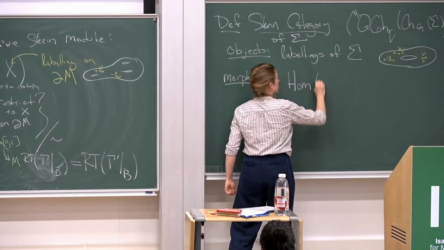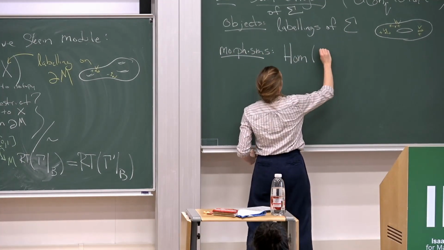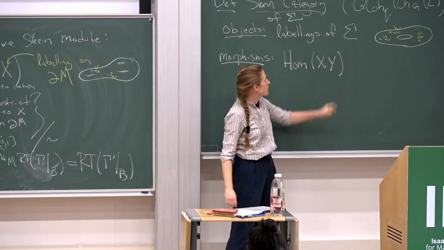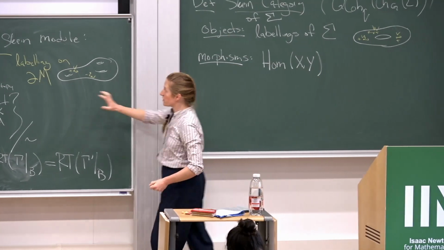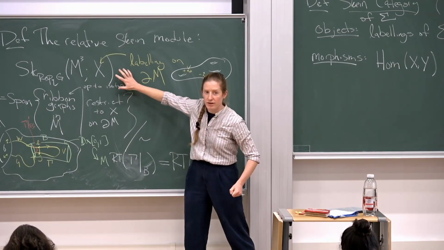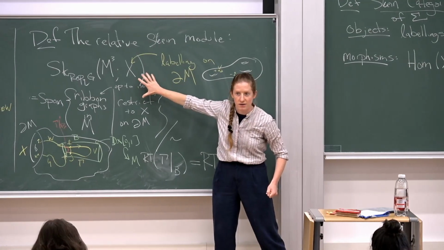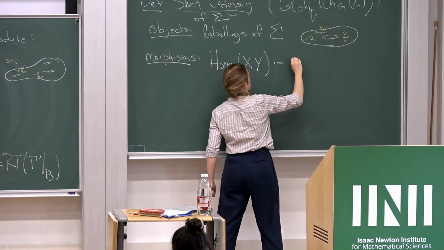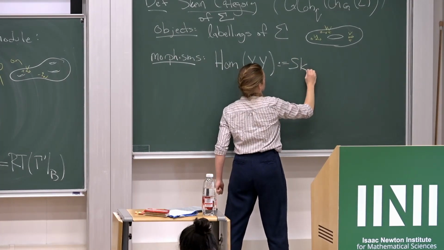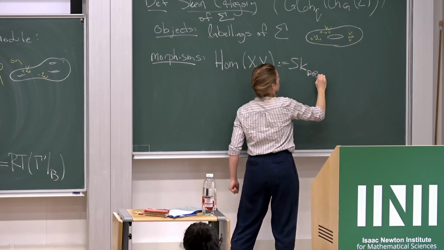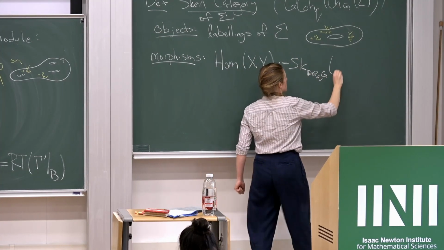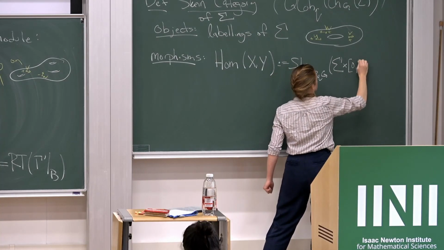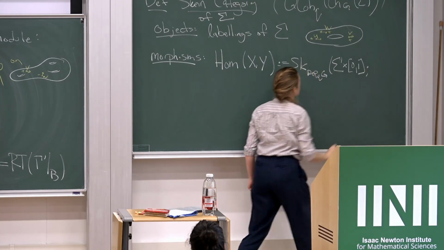So the Hom from X to Y, these are both labelings. Well, I'm going to use the only vector space I've defined in this talk so far. It's this relative skein module. The whole theory depends on this Rep Q G. I need a 3-manifold. I'll just thicken my surface. And I need a labeling.